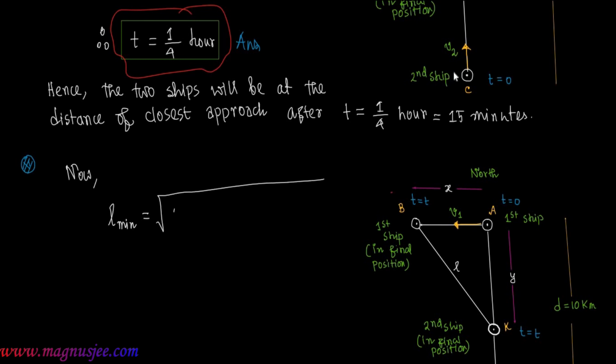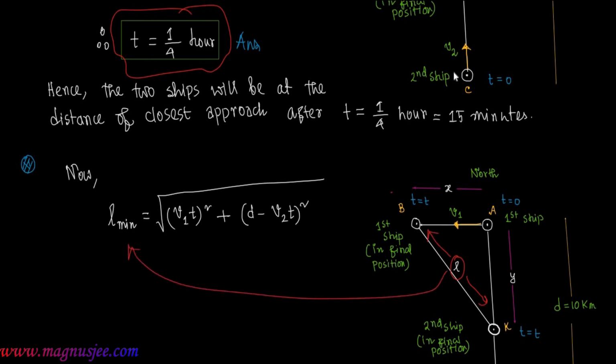Now the distance of closest approach L min is equal to root over (v1t) whole square plus (d minus v2t) whole square. Here L is the distance of closest approach between the two ships, and that is L min.